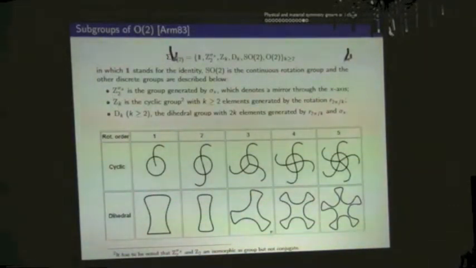So the remaining one is SO2. With SO2, I push my level of rotational invariance to infinity, and I get something which is invariant by an infinitesimal angle of rotation, but which does not have any mirror operation. That's kind of weird, because in two dimensions, how can you be infinitely invariant by rotation without having any mirror? The answer is kind of simple.